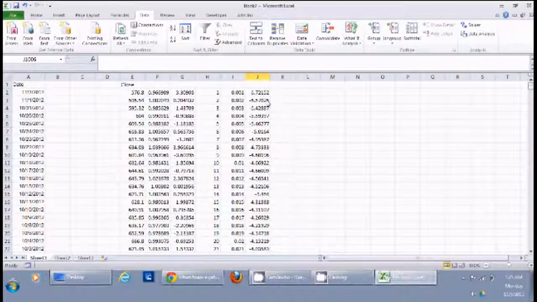Now this is my percentage change, and this is my cumulative distribution function, or the probability.